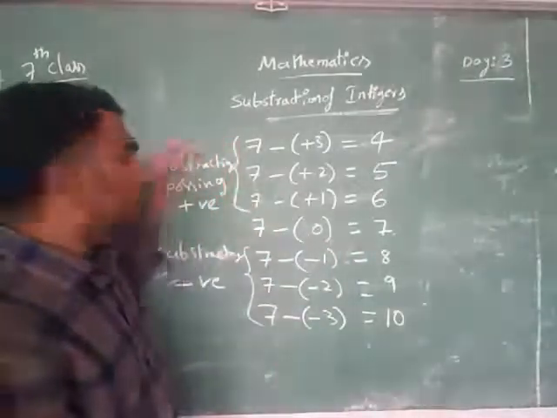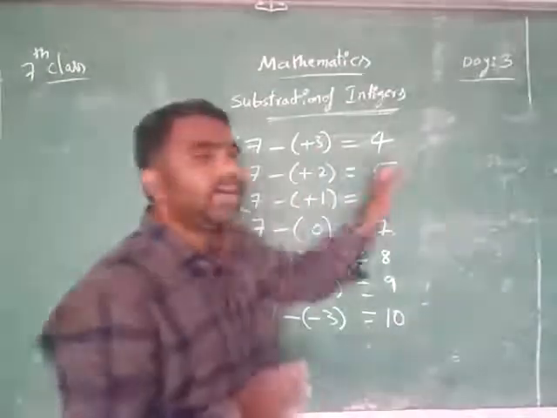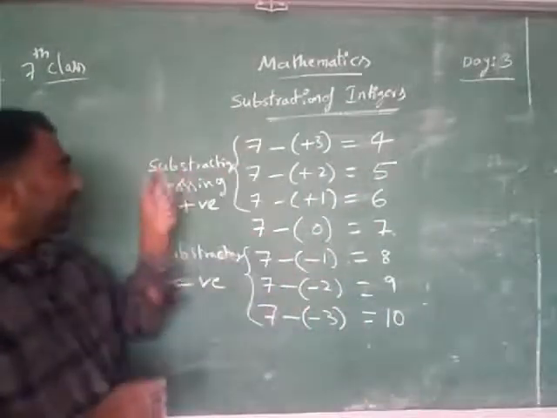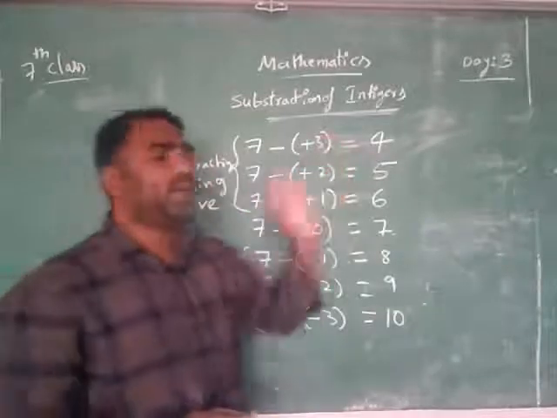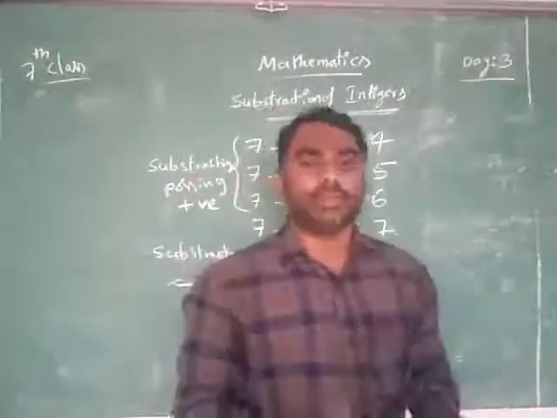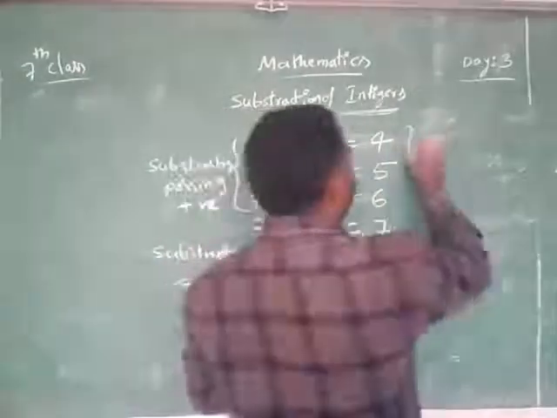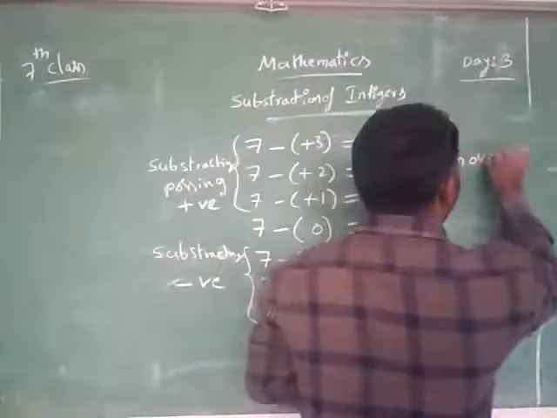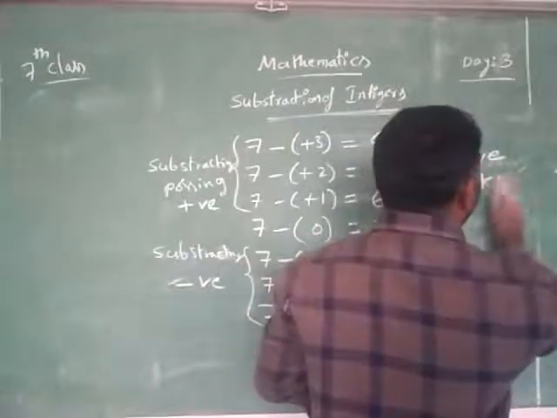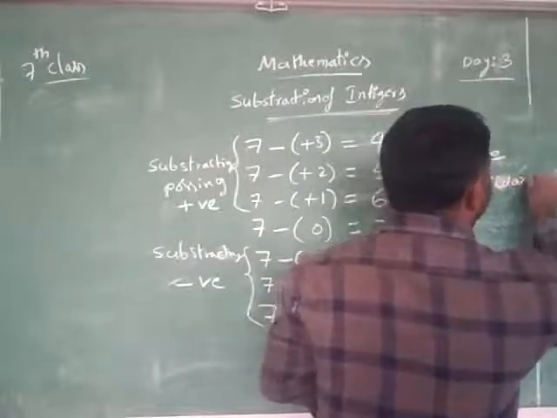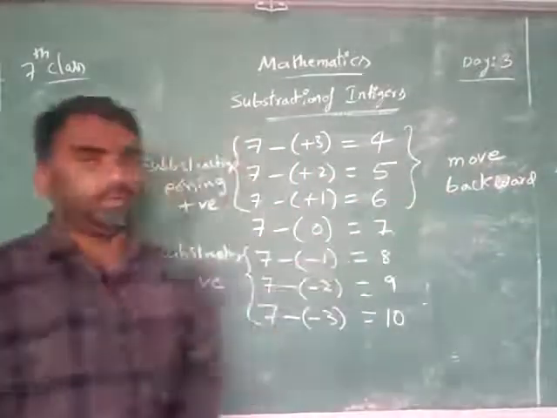So when we are subtracting a positive number, we are getting a small answer. Small answer means we need to move backward. So here we need to move backward because we are getting a small answer.